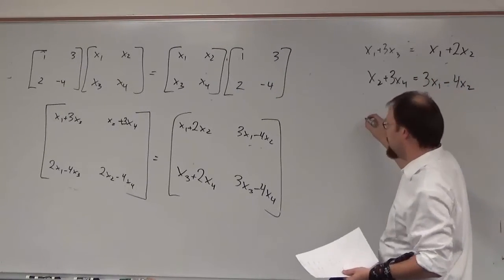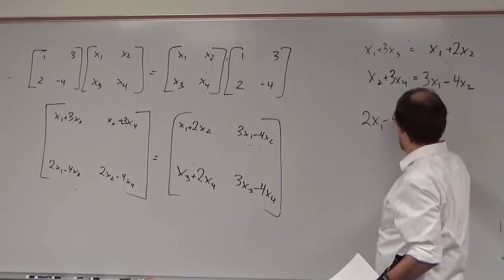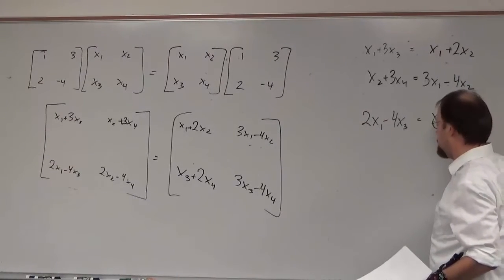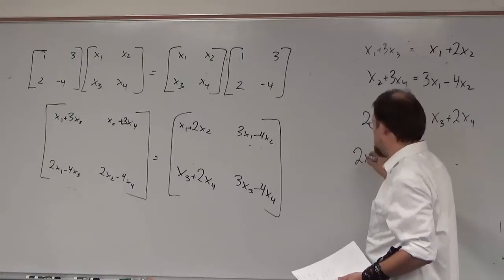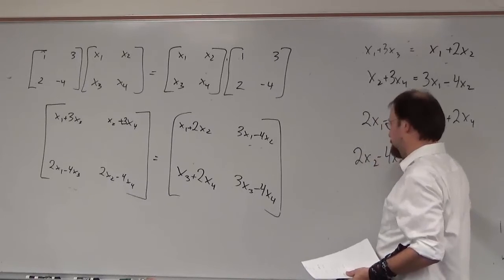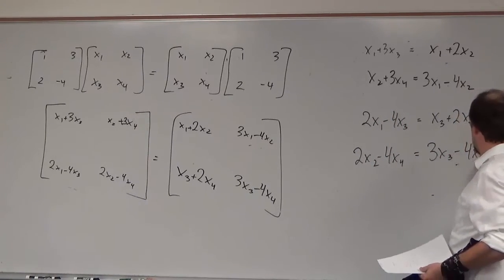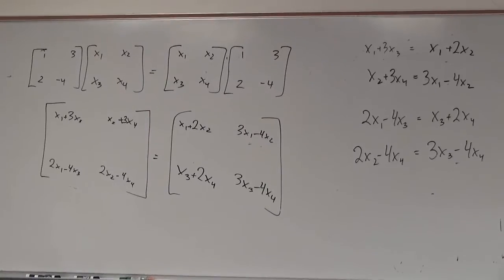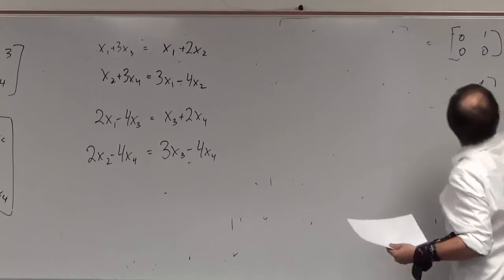So every time we equate the entries, we get a linear equation. And then, of course, to write this in standard form, we're going to bring all the variable terms to the left side and leave the constants on the other side.